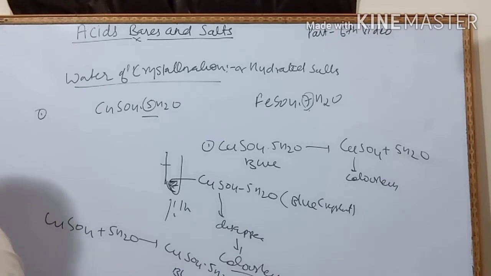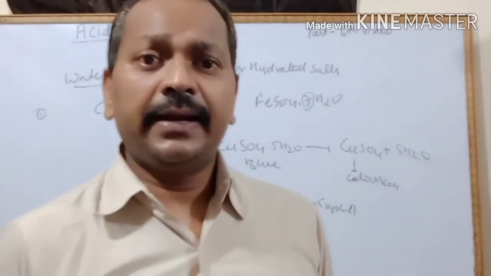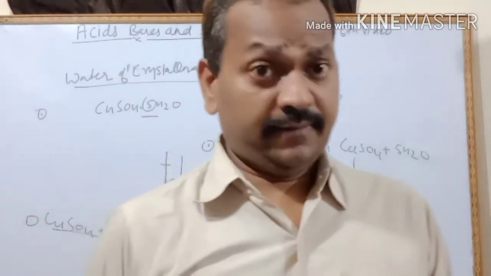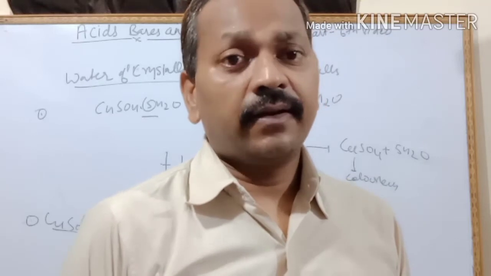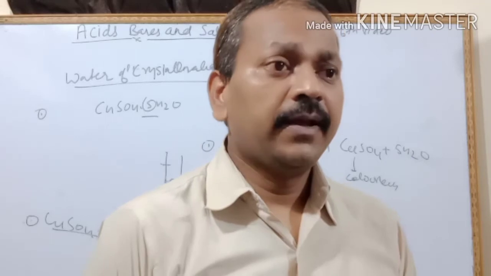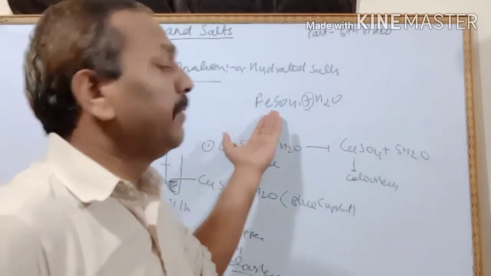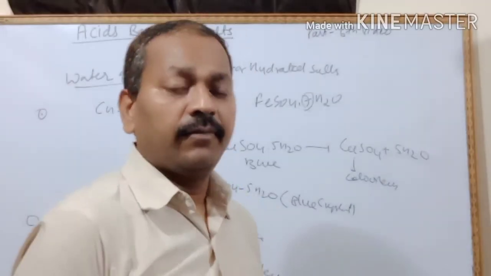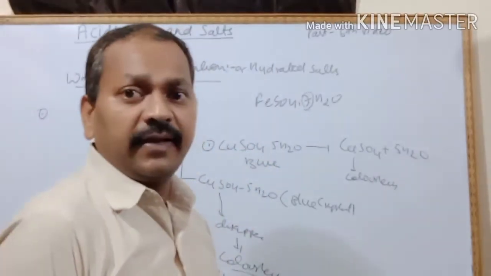So when we heat blue vitriol, it turns colorless, and in the colorless part we add one or two drops of water, and this blue color reappears. So this is known as water of crystallization. Now same example we will take, ferrous sulfate heptahydrate. Same process we will see here. So hydrated water of crystallization is over.